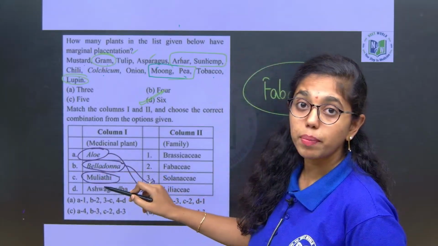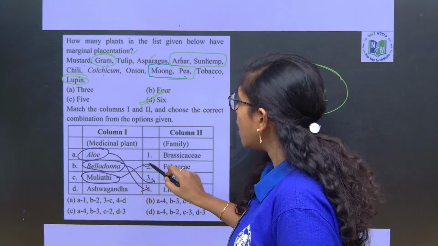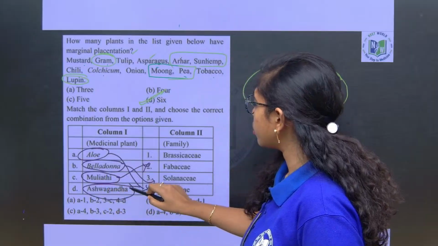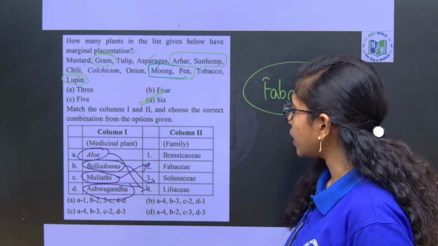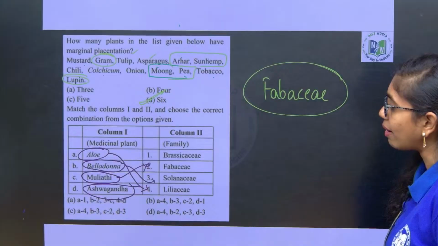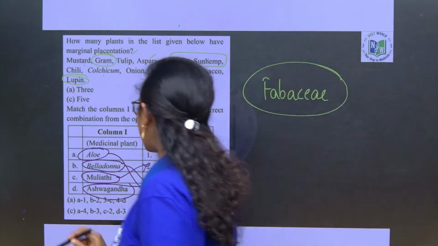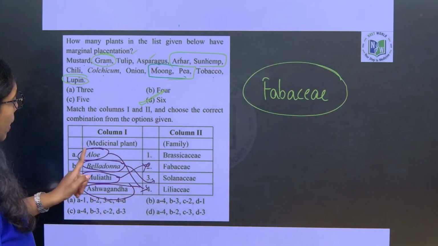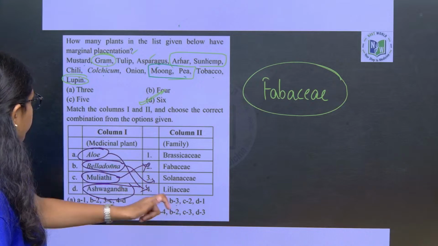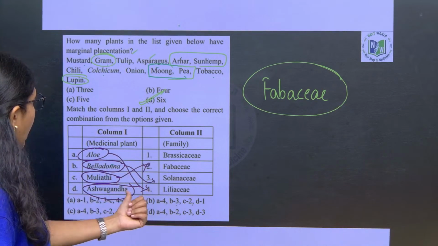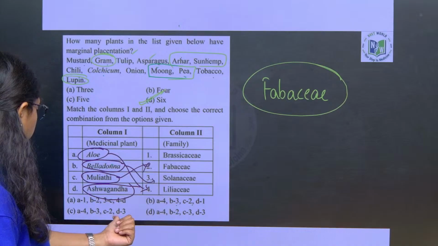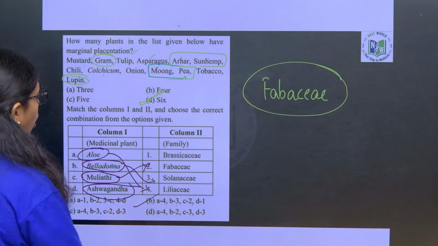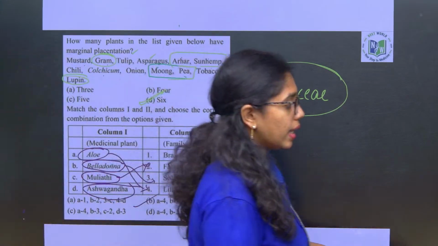Mulethi is the medicinal plant of which family beta? Fabaceae. So, if we have to choose the correct answer, A is 4, B is 3, C will be 2 and D is again 4. So, here we have to go with the option B. Fine. Next question.